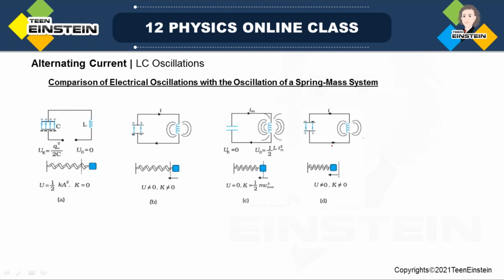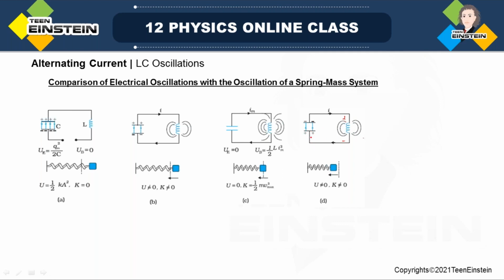That magnetic energy will be spent in sending the current through the capacitor in the circuit. Since the polarity was opposite, the capacitor will again be collecting charges because of the flow of current in the circuit by the inductor.